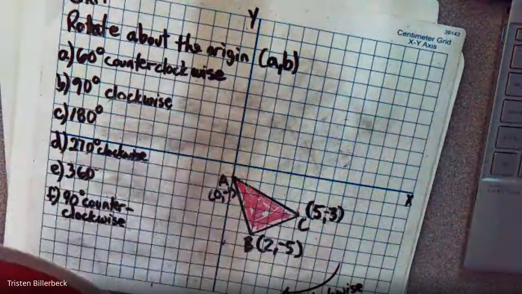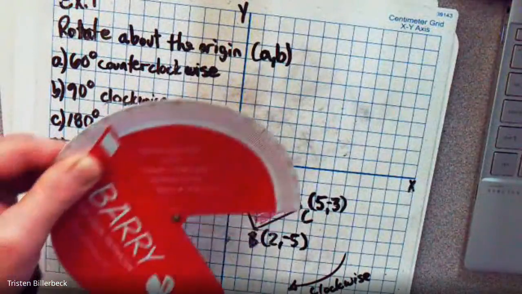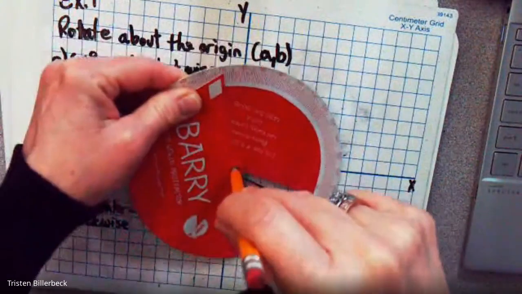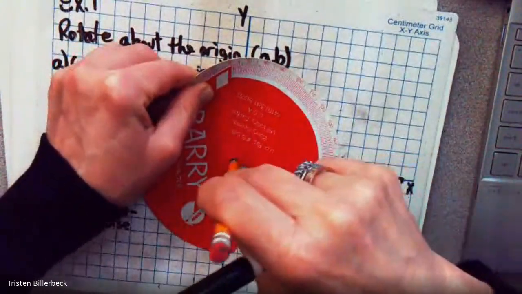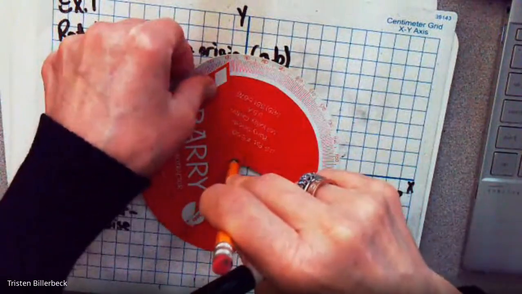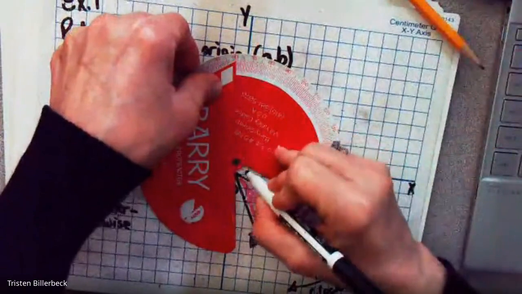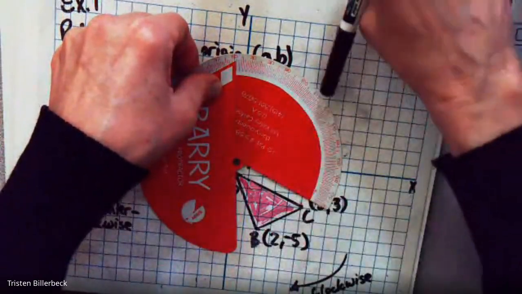It has a little center of rotation right here, and I set that right on the origin. I line that up, that's my target. I make sure the 60 degrees doesn't move. And I line up my first point here, and that's right at 1, so it's going to move 1 here.